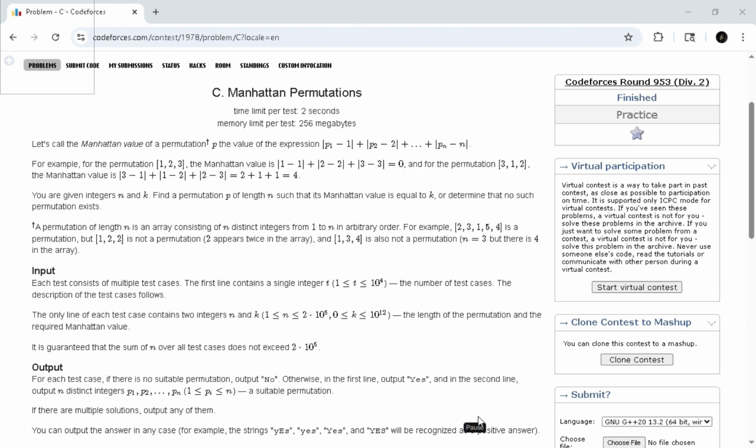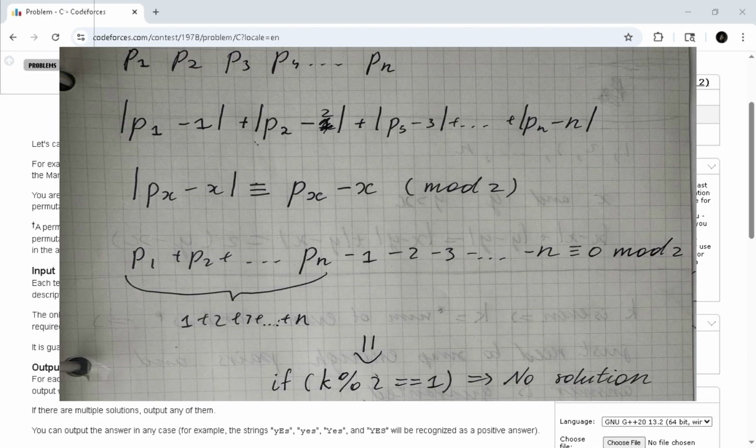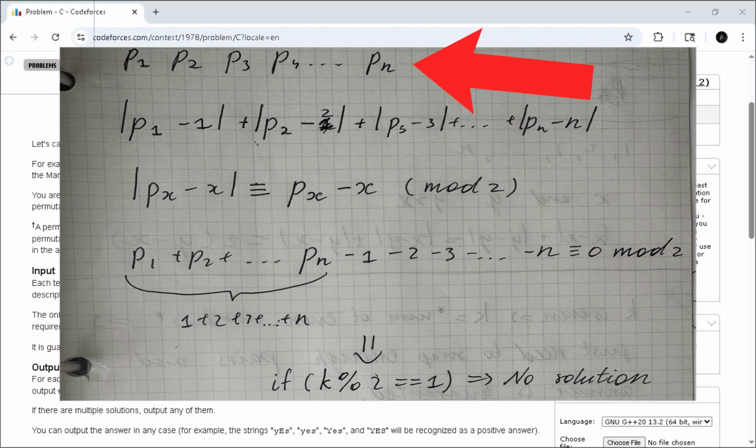And not only that, we can also notice another thing. I will have to insert another picture here. On this picture we have p1, p2, p3, p4 to pn. I wrote the Manhattan value, and it is obvious that the absolute value of px minus x equals px minus x modulo 2.